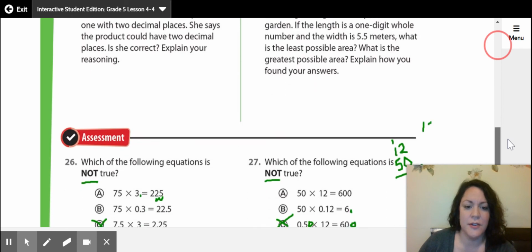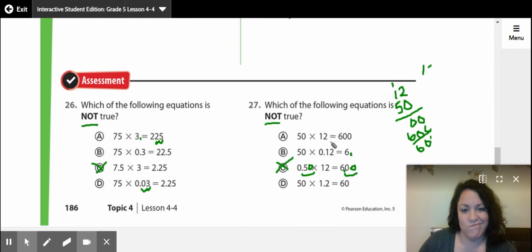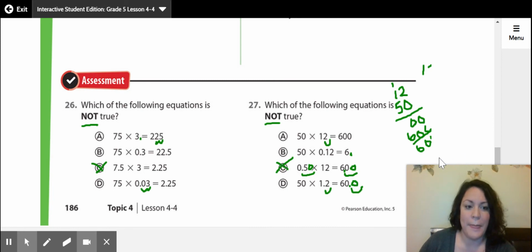All right, so let's check it out. Instead of having my decimal here, I moved it over 1. This was going to be 600. Actually, it's 12. I have moved over 1. So let me put the decimal here. That one is correct. So actually, the only one wrong in number 27 is C.